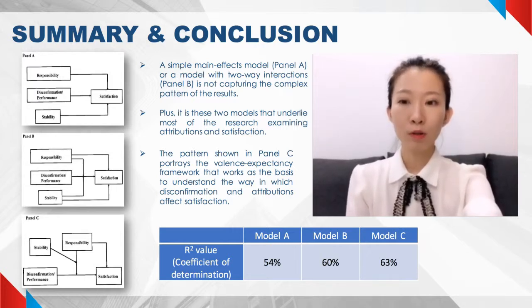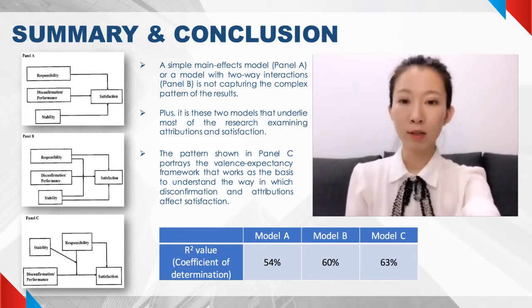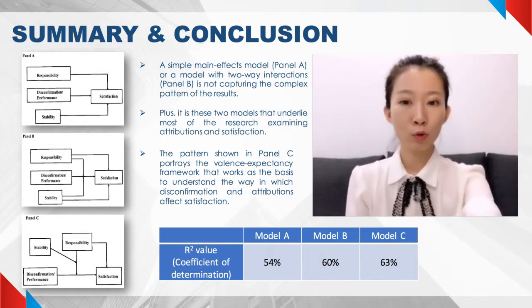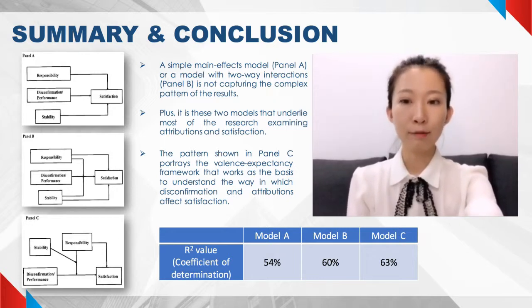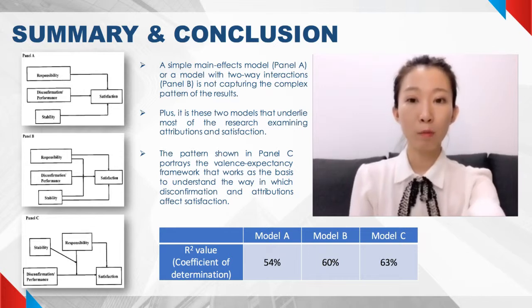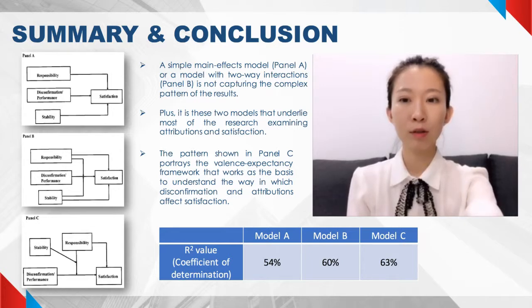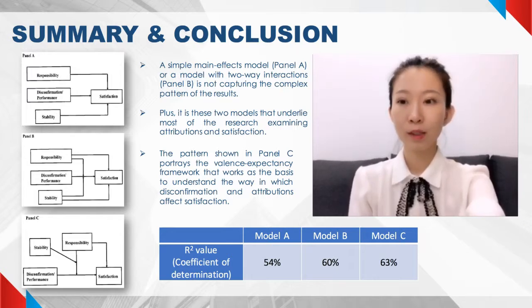Therefore, this model has a two-way interaction between responsibility and disconfirmation, and stability and disconfirmation, but no three-way interaction. Panel A is a simple main effects model, while panel B is a model with two-way interactions. They are not capturing the complex pattern of the results. Plus, it is those two models that underlie most of the research examining attributions and satisfaction.